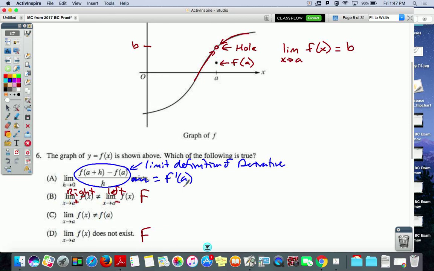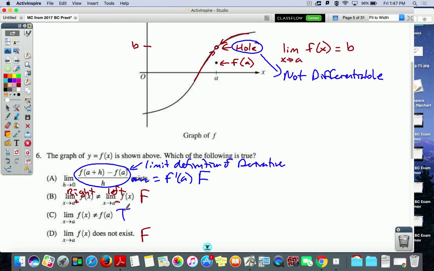So the question is, does that exist? Can you have a derivative where you have a hole? If there is a hole, it is not differentiable. So this first option A is false, which means our correct answer is C.